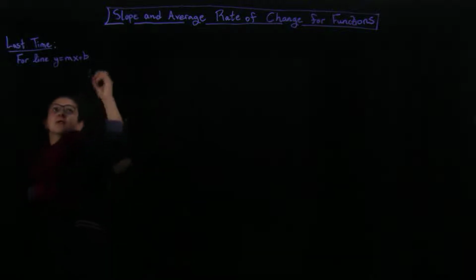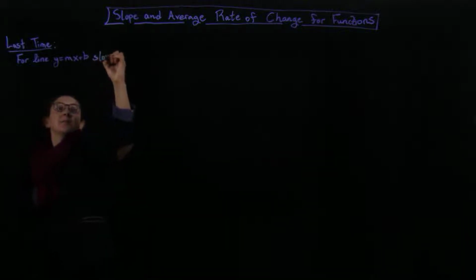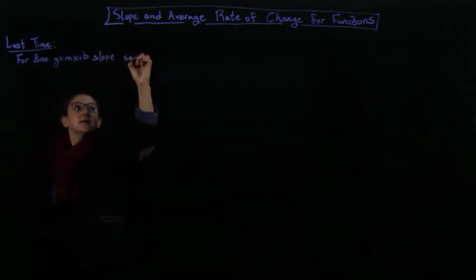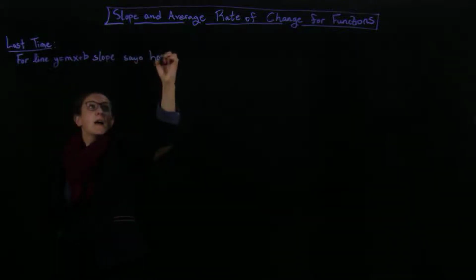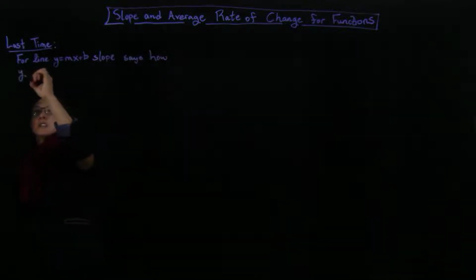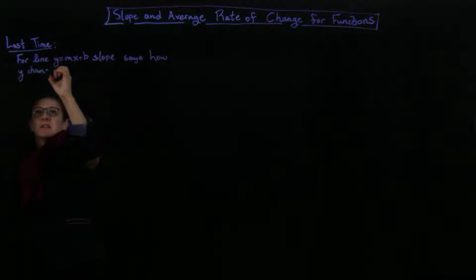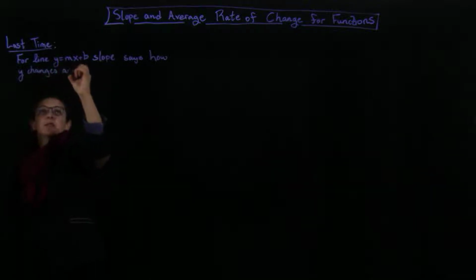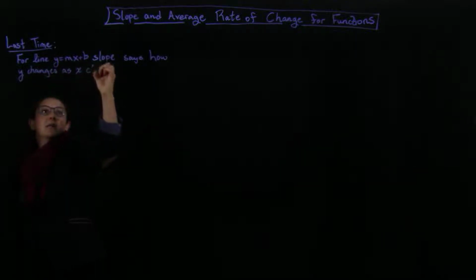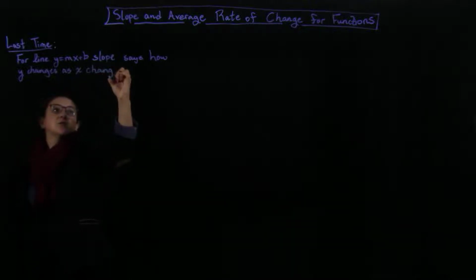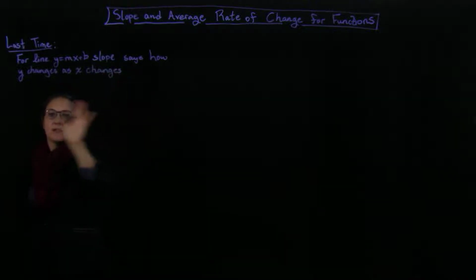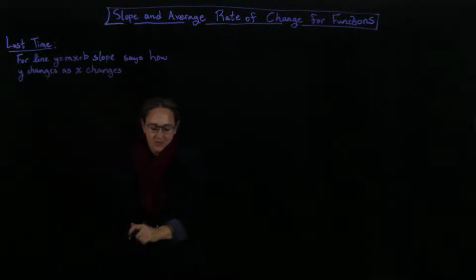So for this line, the slope says how y changes as x changes. This is kind of important: if I just say the rate of change of y, I don't know that I mean as x changes. So it's important to say that.